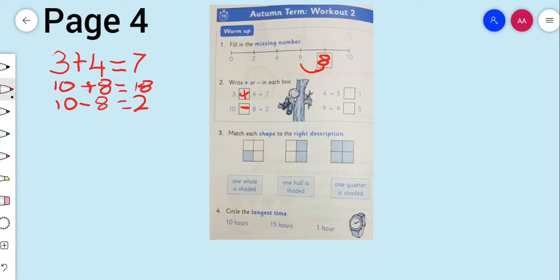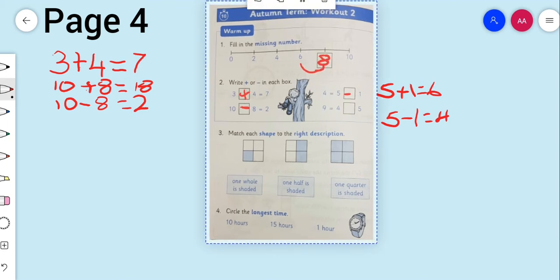So let's try first 5 plus 1. 5 plus 1 is equal to 6, but we need the answer to be 4. So we'll try take away. 5 take away 1 is equal to 4. So the answer is correct. So we need to take away.